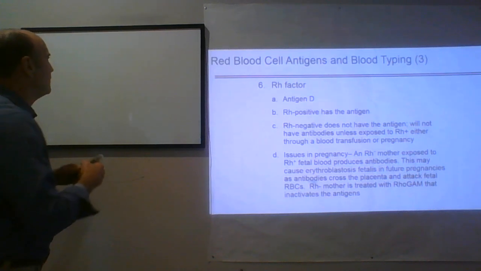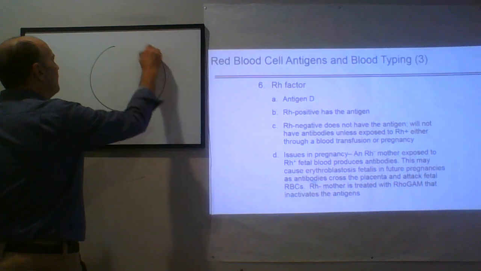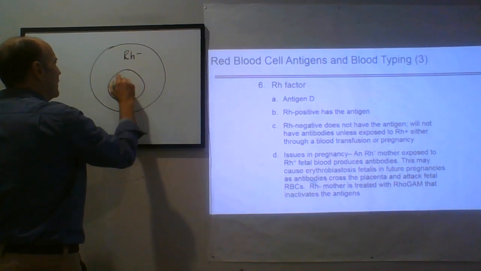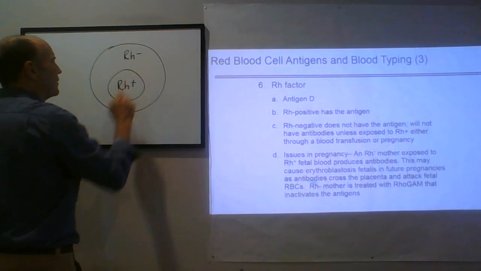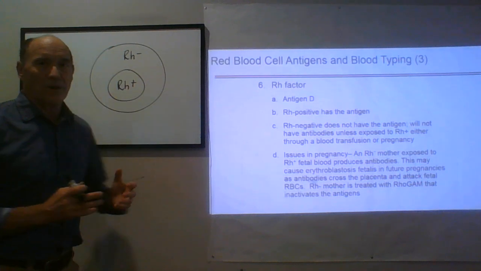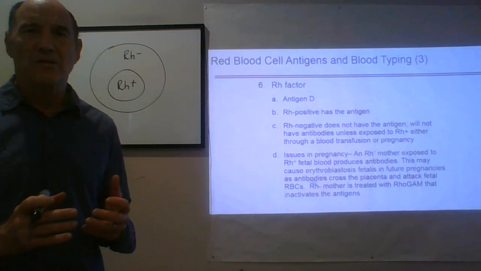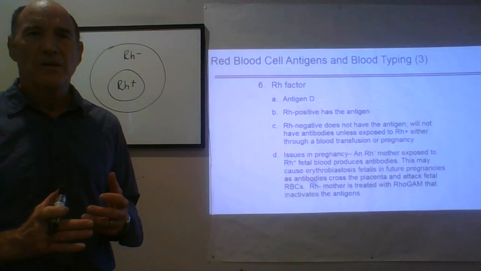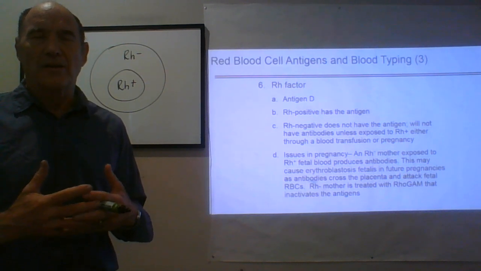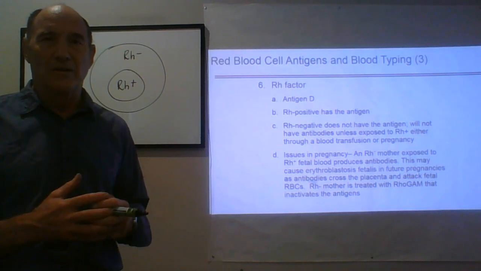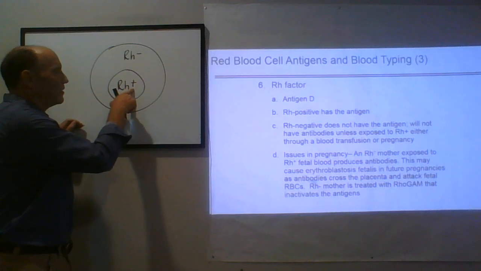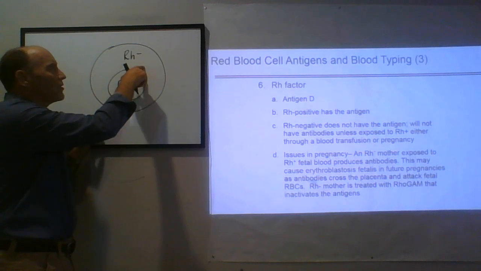If this is mom, here's mom, Rh negative. Here's baby, Rh positive. If somewhere along the pregnancy the bloods were to mix, there was an injury or something where the maternal blood and the fetal blood actually mixed, then mom would have been exposed to this Rh positive antigen, which is foreign to her body.